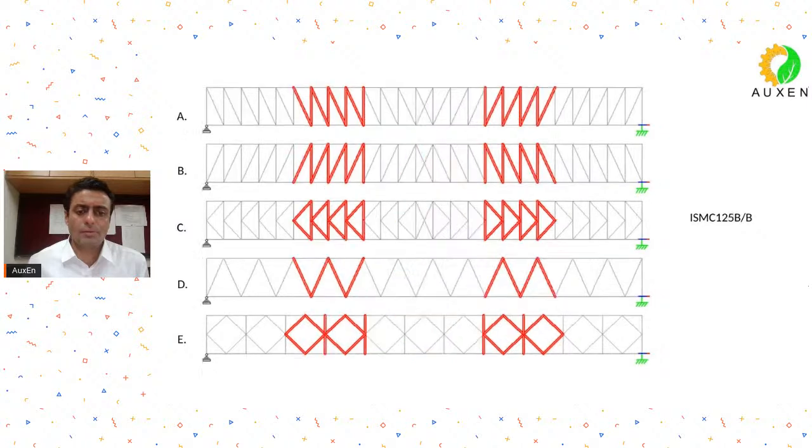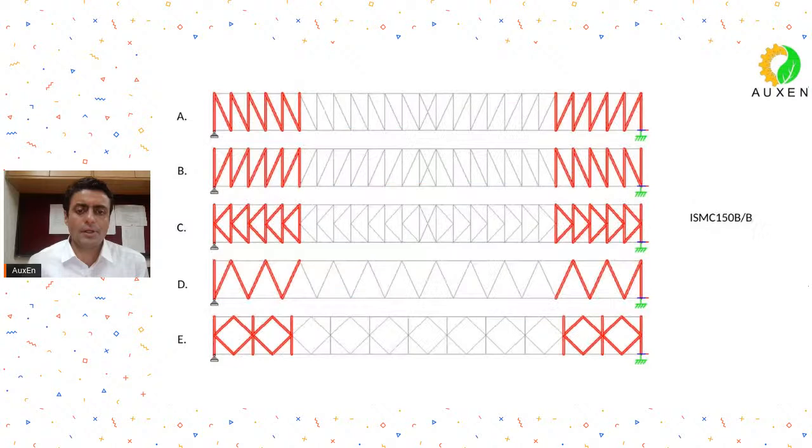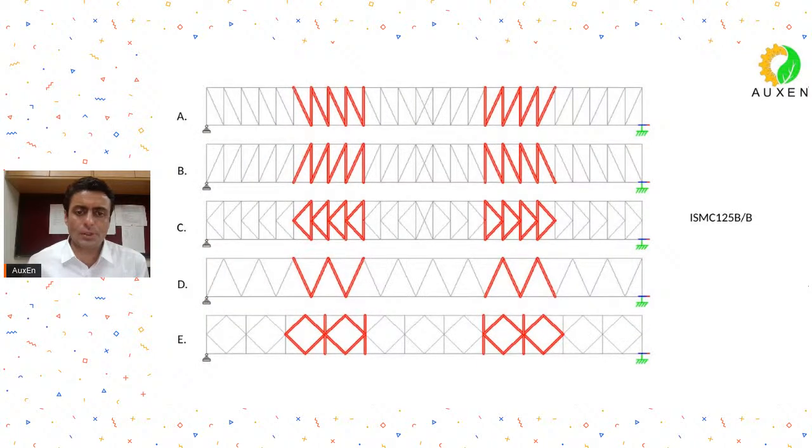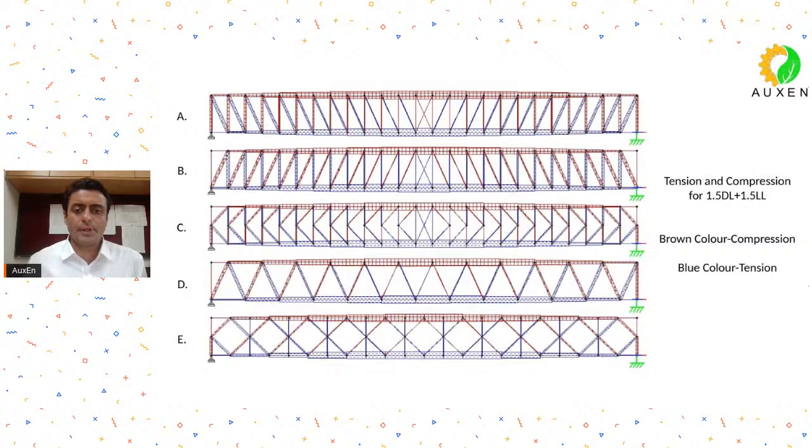So you will see properties we have tried to keep uniform. ISMC 200 for the top chord and bottom chord, ISMC 150 double for the outer diagonals and verticals, then 125 followed by 100. So this is what we have taken, and then we run our analysis.